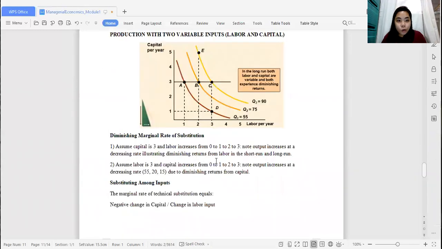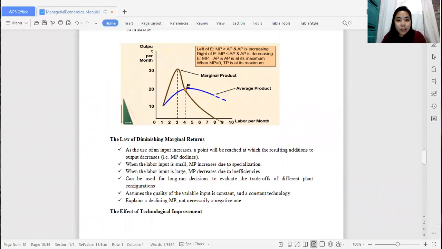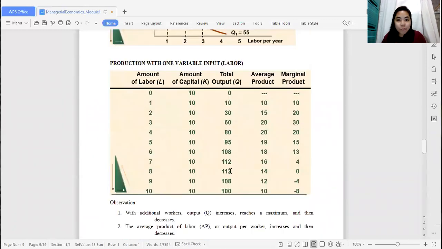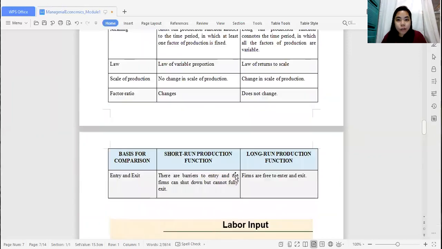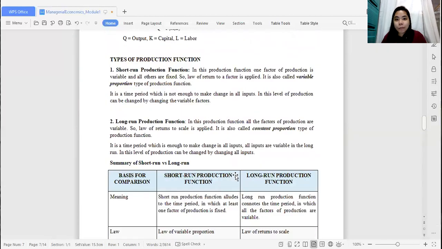So, I hope nakaintindi ka mo sang aton nga klase subong. Ni-explain ko lang ang inyong module kung ano na dira. And I'll make another video about long run naman niya, long run production function. So, thank you class.